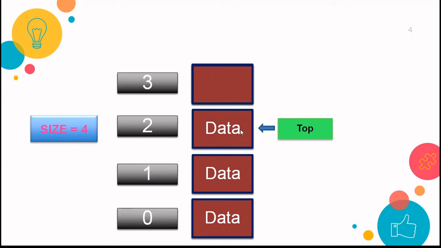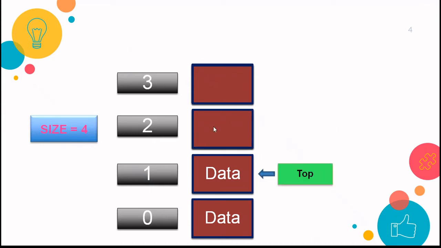Again your data will be deleted first, and once it is deleted, the top cannot point to this location because it always points to the last data location. As there is no data available here once it is deleted, your top will be decremented by 1. So 2 minus 1, that is 1, and now I'm deleting this data. You can see that the data has been deleted first and then your top value gets decremented.